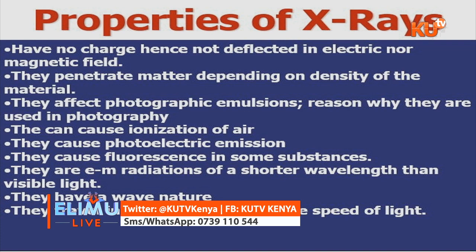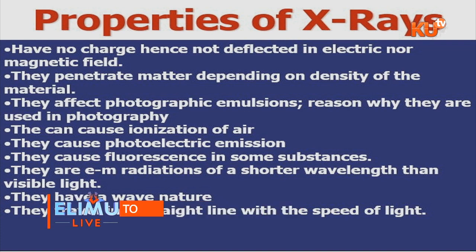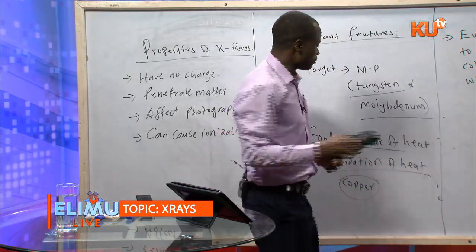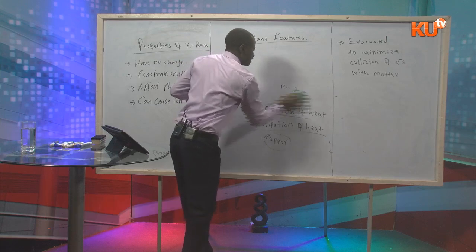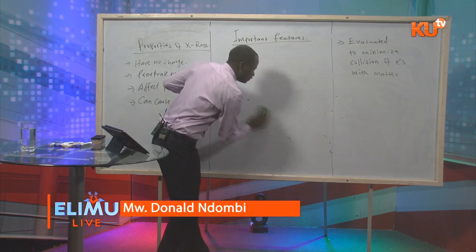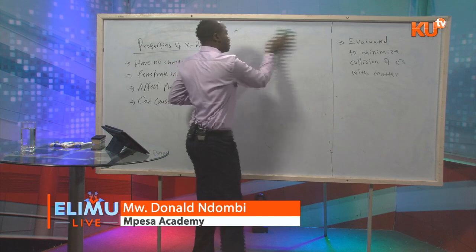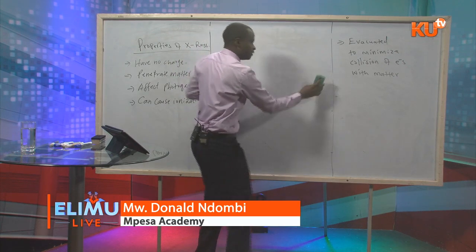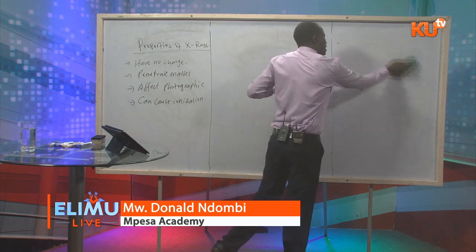Then they can cause ionization of air. What is ionization? Now, as X-rays are moving and come in contact with air, they knock off electrons from the air, and the air gets charged. Once air is charged, we say the atoms are now ions. They are no longer atoms, they become ions.